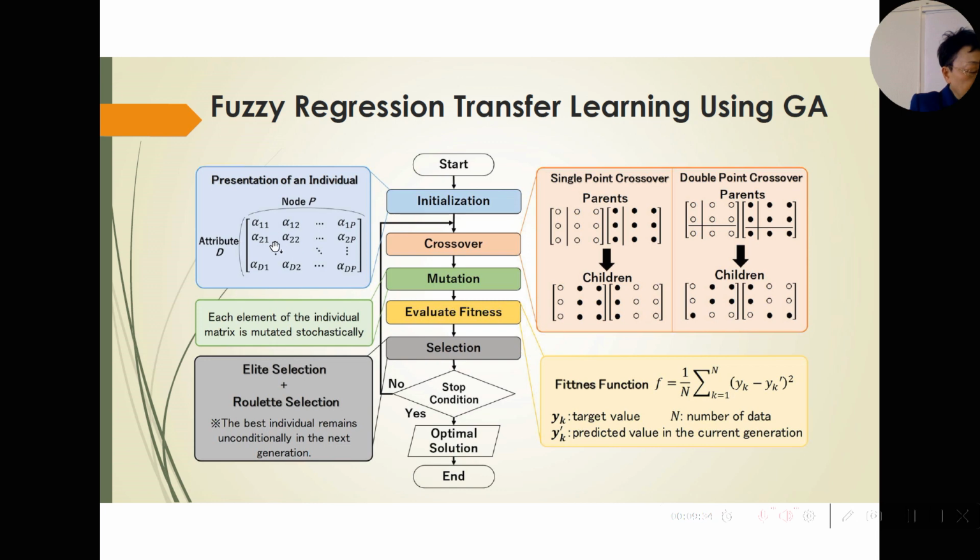A similar representation is used for beta and W. Here, since we use real-valued GA, each element in the matrix is a random real number within a specified range. The fitness function uses the mean square error, like this equation.